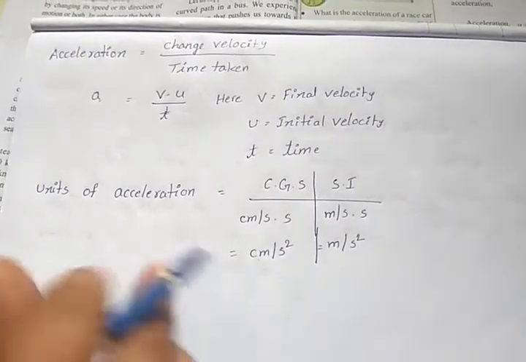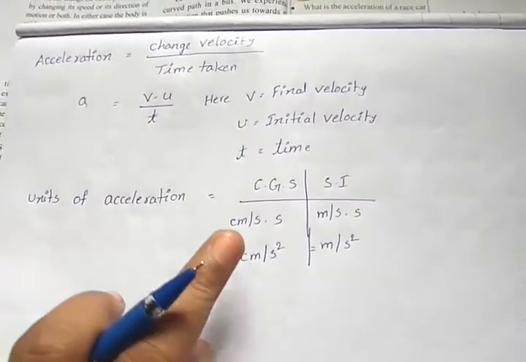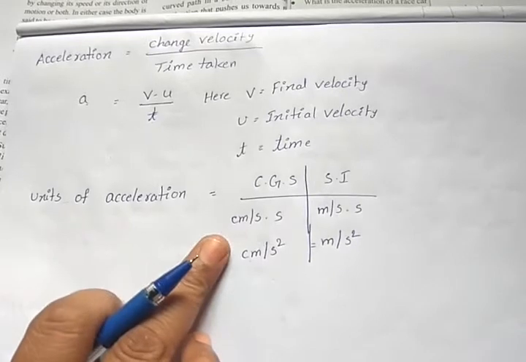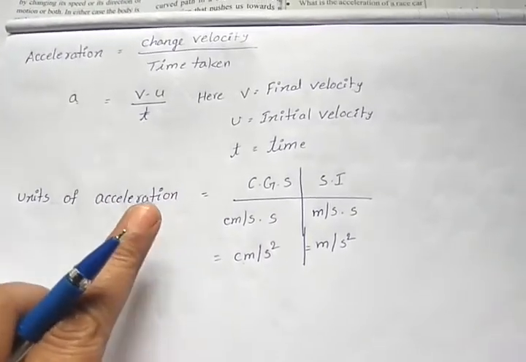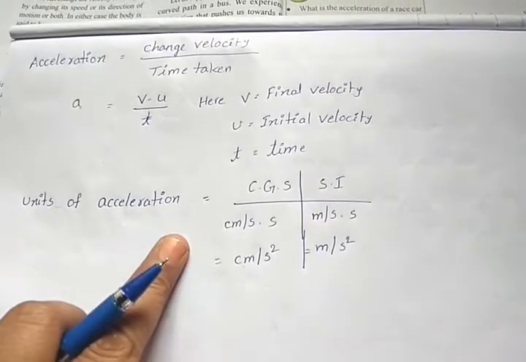Velocity is a vector and acceleration is also a vector quantity. Velocity and acceleration both are vector quantities.